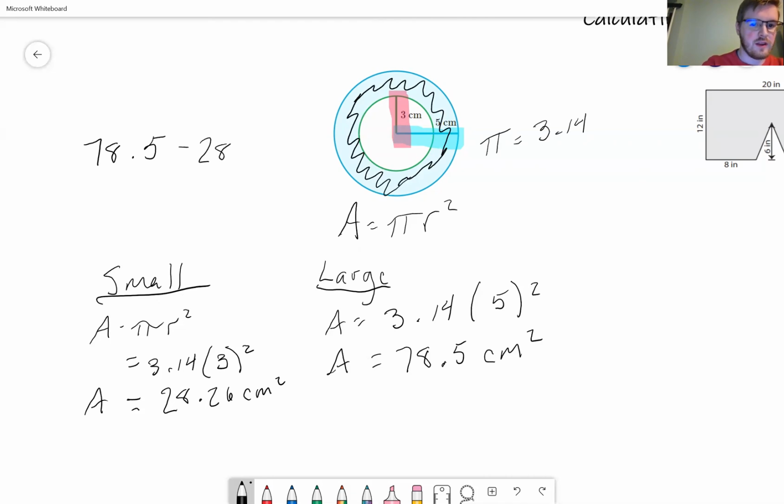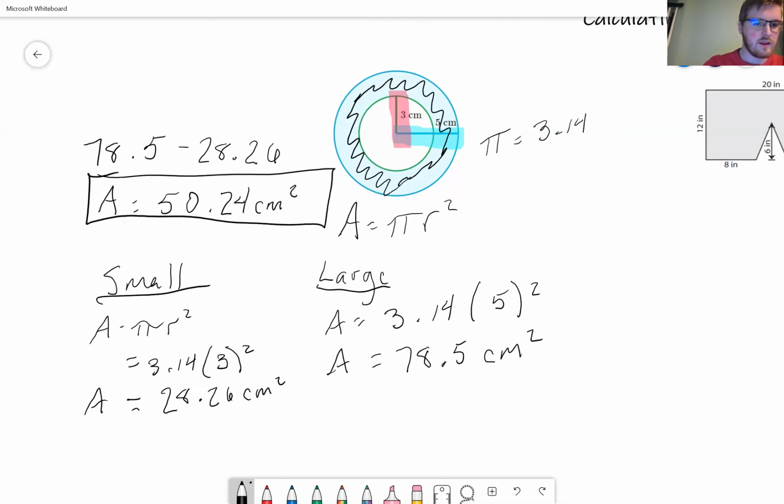We've got 78.5 minus 28.26, and that will give you the area of that shaded region. So our area for the shaded region between the two is 50.24 square centimeters, and that is our final answer for that one.